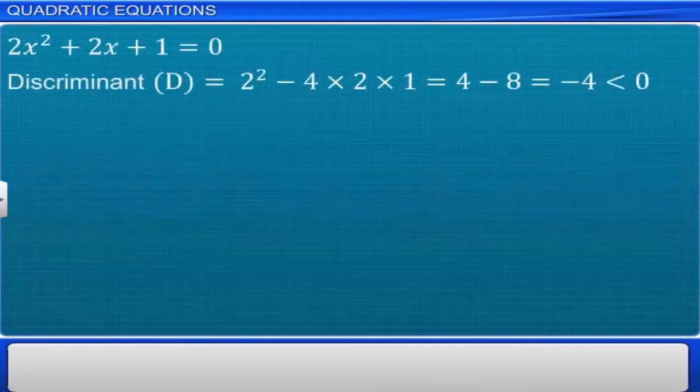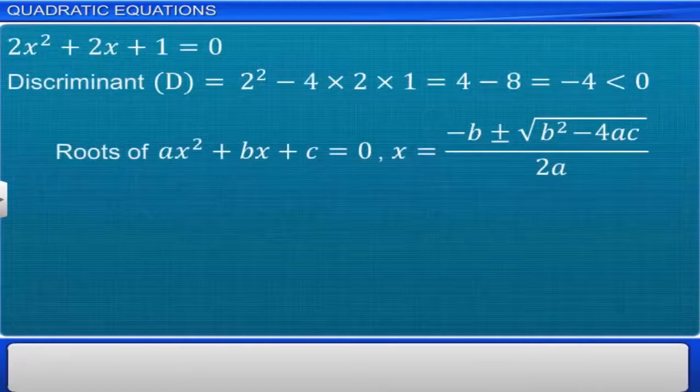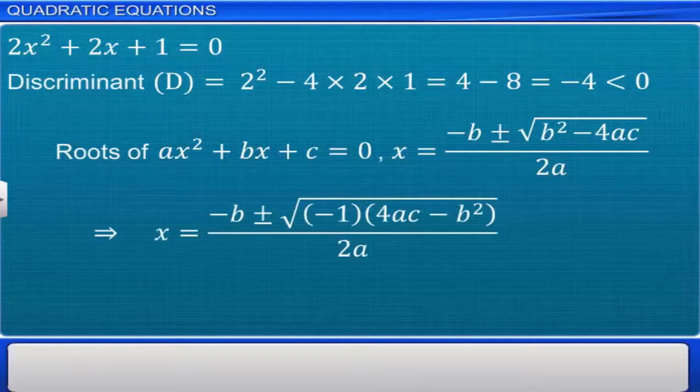We know that the roots of a quadratic equation ax squared plus bx plus c equal to 0 are as shown. Since the discriminant is less than 0, the value of b squared minus 4ac is negative. Therefore, we can write the discriminant in the formula as minus 1 multiplied by 4ac minus b squared.